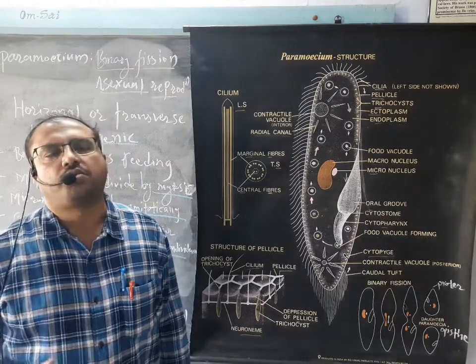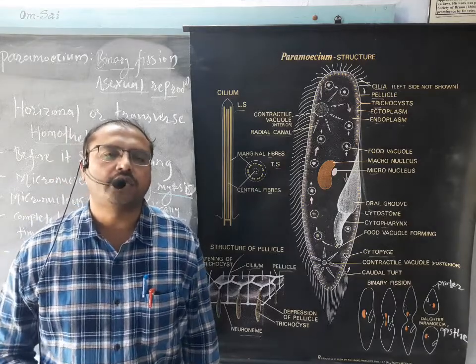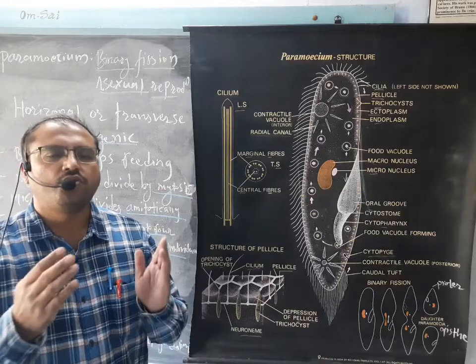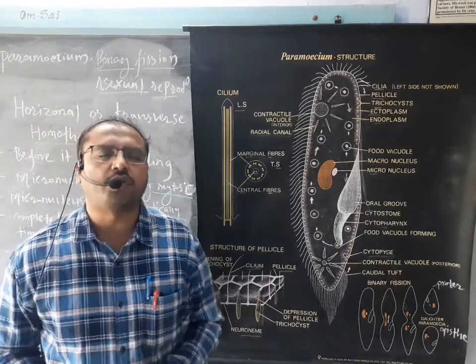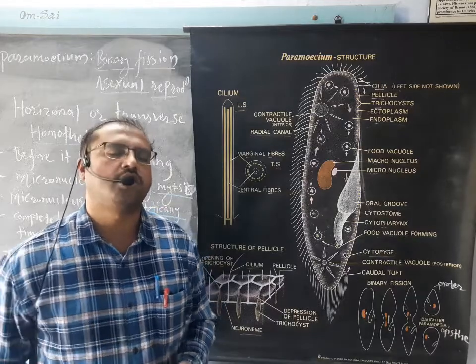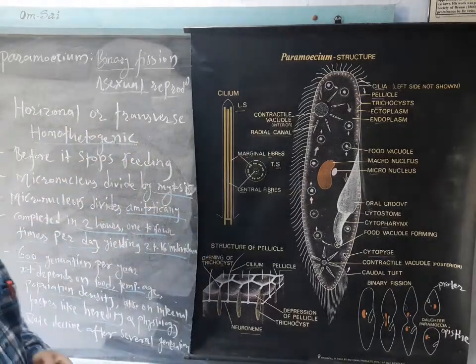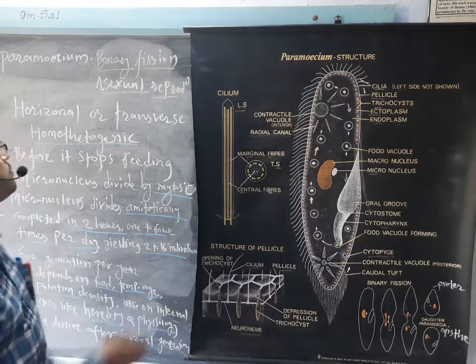Actually, in sexual reproduction, gametes are produced. But in Paramecium, instead of the formation of gametes, two adjacent parameciums fuse together and exchange nuclear material, and that is called sexual reproduction. Here the gametes are not produced. It is a unicellular eukaryotic organism.